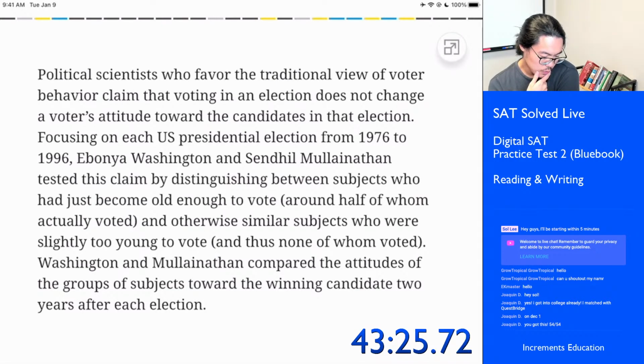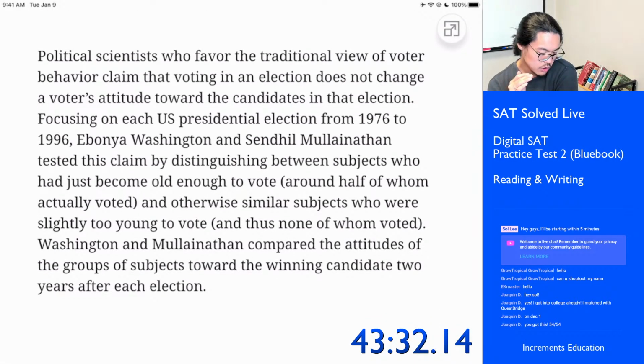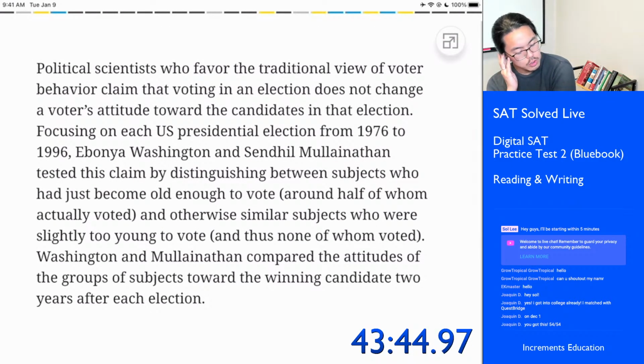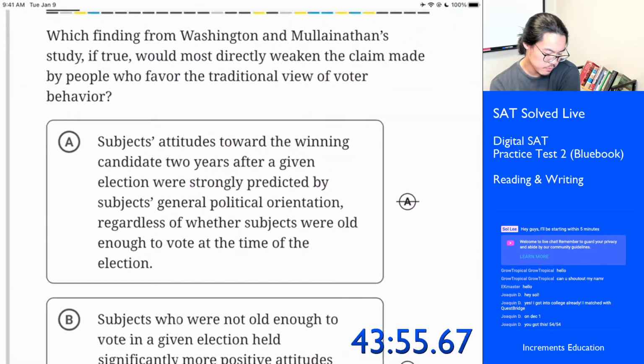Focusing on each U.S. presidential election from 76 to 96, they tested the claim by comparing subjects who had just become old enough to vote and those who were too young to vote. So in the old enough group, half of them voted, and of the too young, none of them voted. They compared the attitude. You want to see that voting changes the voters' attitude. So if you want to weaken the traditional view, you want to have the voters somehow changing in their opinion.